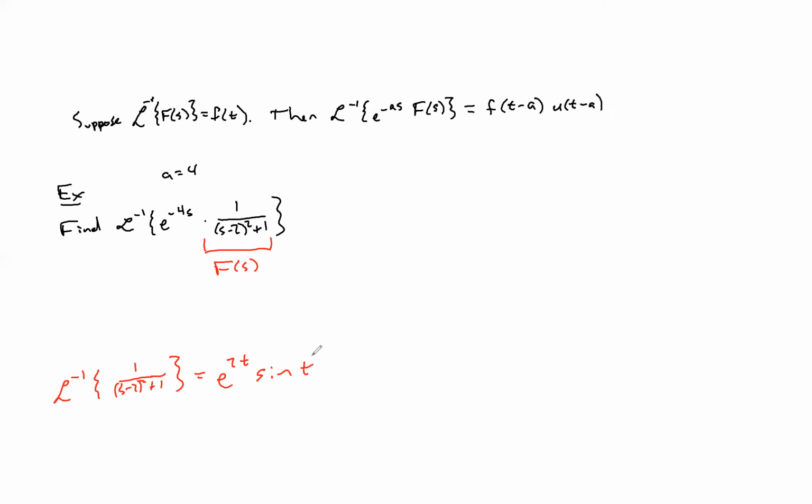All right, so we know the inverse Laplace transform of this, but we want the inverse Laplace transform of this times this exponential function. So then using this rule, the inverse Laplace transform of something we know how to handle times an exponential function is going to be f of t minus a times u of t minus a.